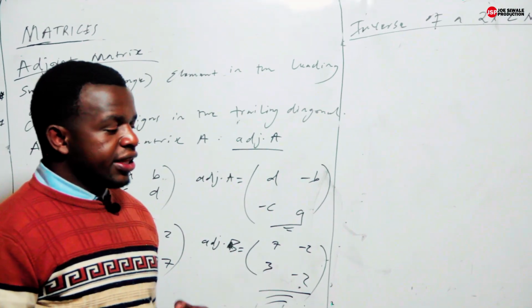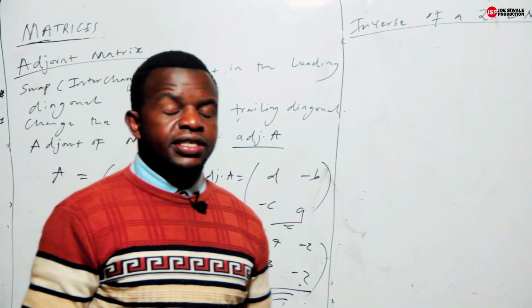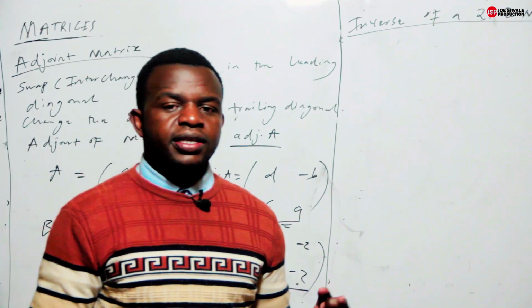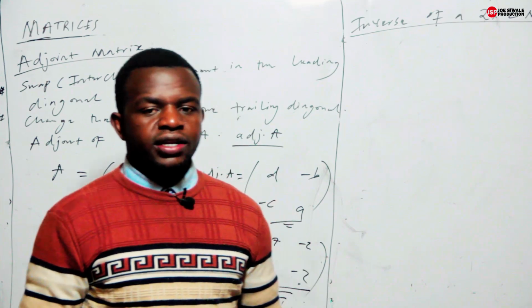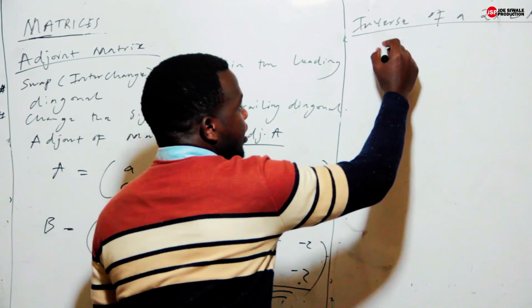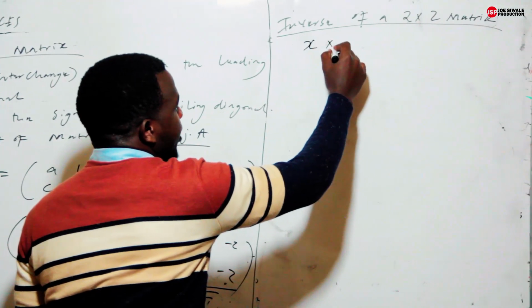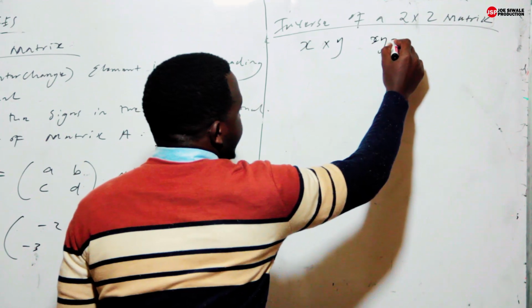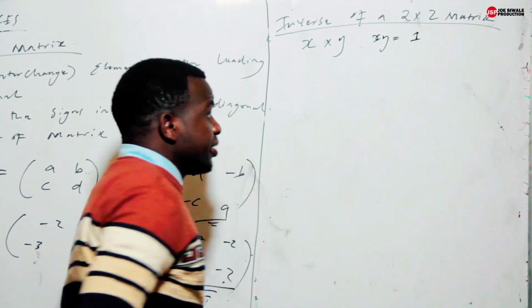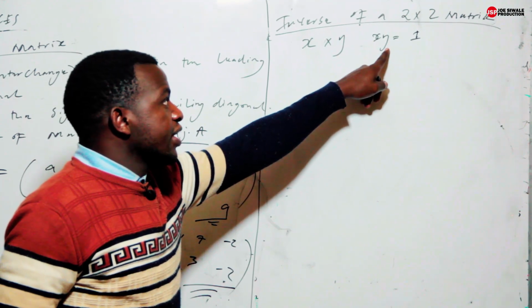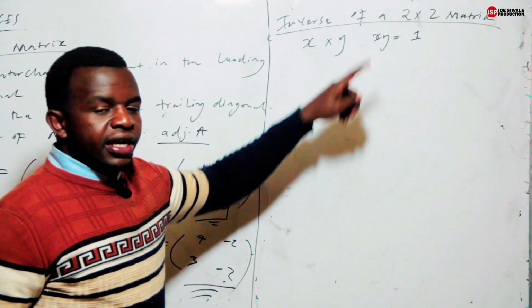If we take the product of two elements and they give 1, that means that those elements are inverse of one another. So this is what I mean. If you consider that you have x multiplied by y, and this is xy, and this gives you 1, that means that x is the inverse of y and y is the inverse of x.